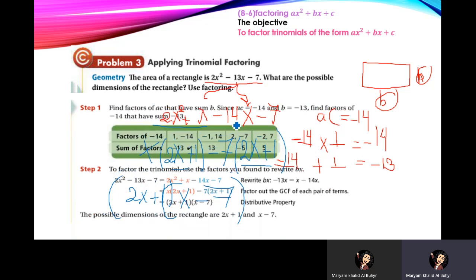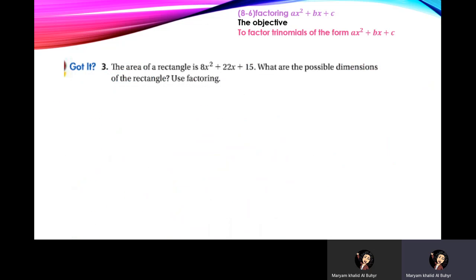Let me give you another one, which is related to this one. Think about two numbers. Once you multiply them, you will get 8 times 15, which is 120.